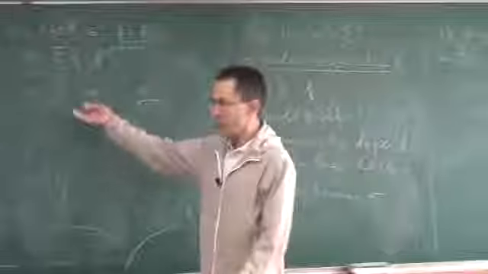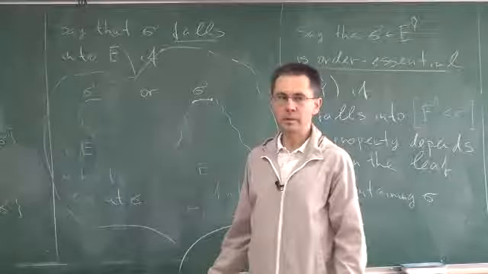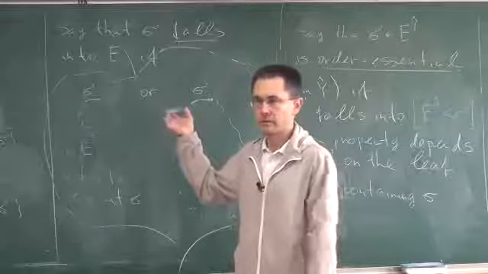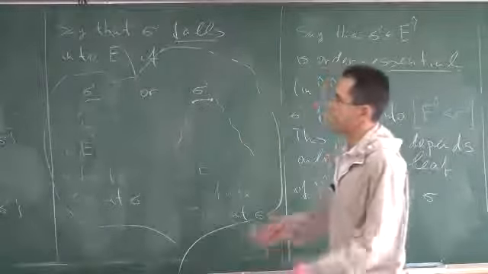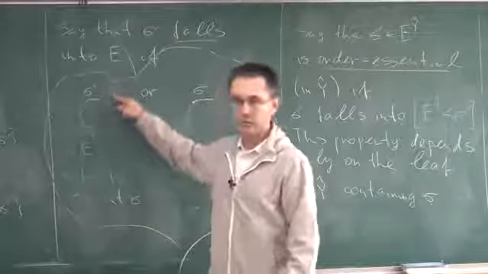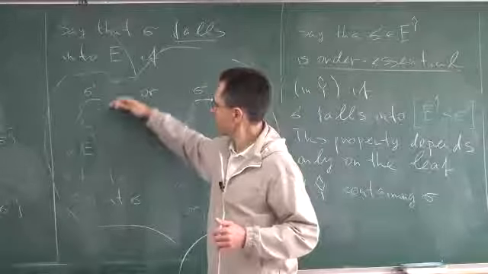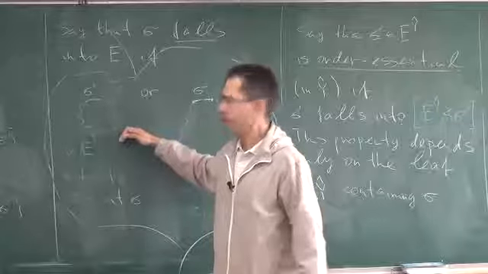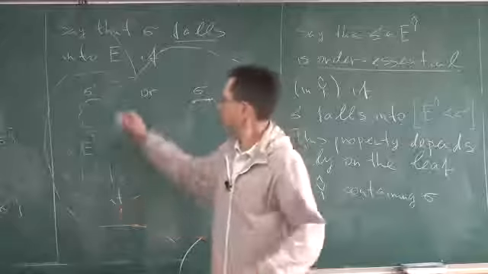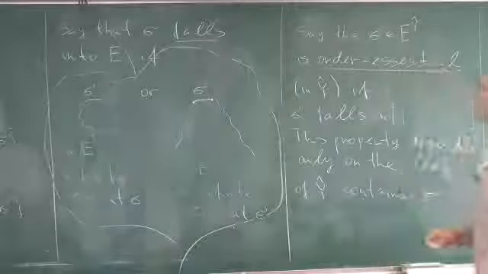So if sigma had a picture like this, you just map this picture down to y hat. That means that the image of sigma also will have a picture just like this. Moreover, since the leafage map preserves the order, this blue will remain blue. It consists of all the edges that are smaller than sigma. So in the image, the same will hold. All those edges will be smaller than sigma. So the picture is completely preserved.